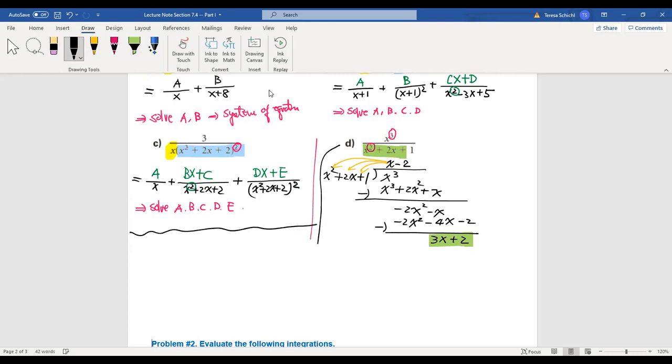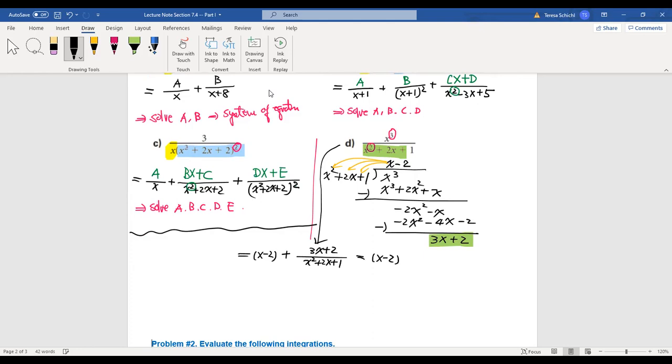So now I can rewrite this as x minus 2, plus (3x plus 2) over (x squared plus 2x plus 1). I just noticed here that x squared plus 2x plus 1 is (x plus 1) squared.